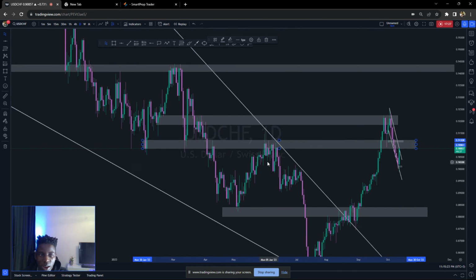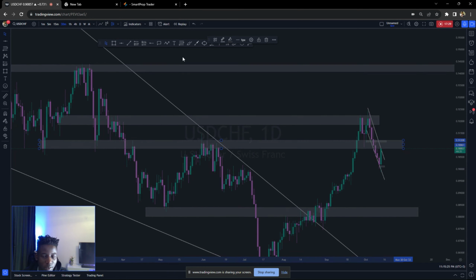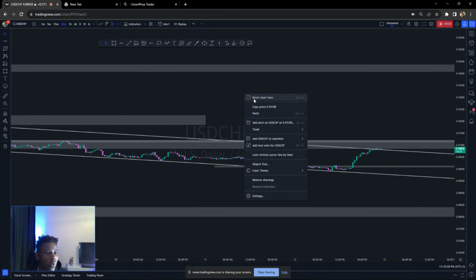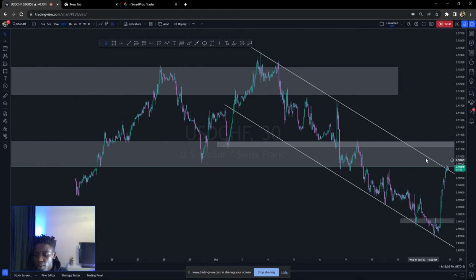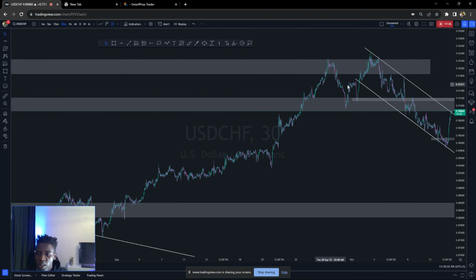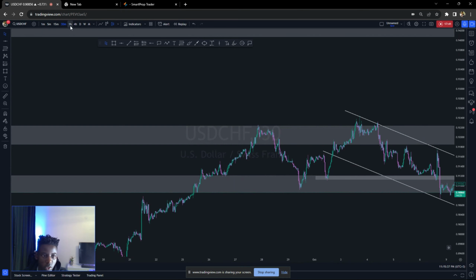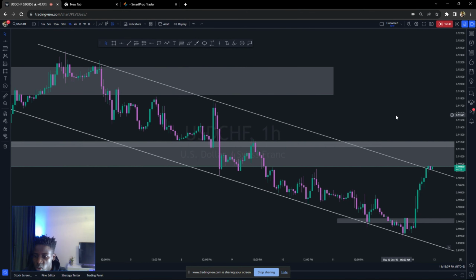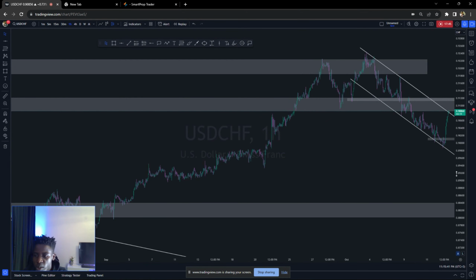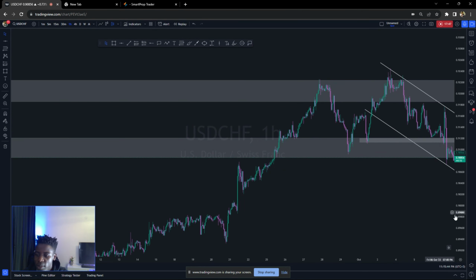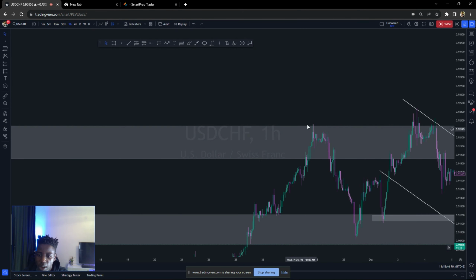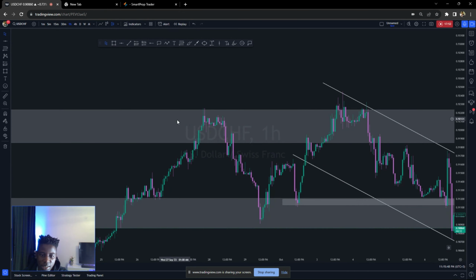So my targets were around here. Let me go to the lower time frame. I like 1H, as I told you earlier. So my targets were around this zone where I could see some rejection.